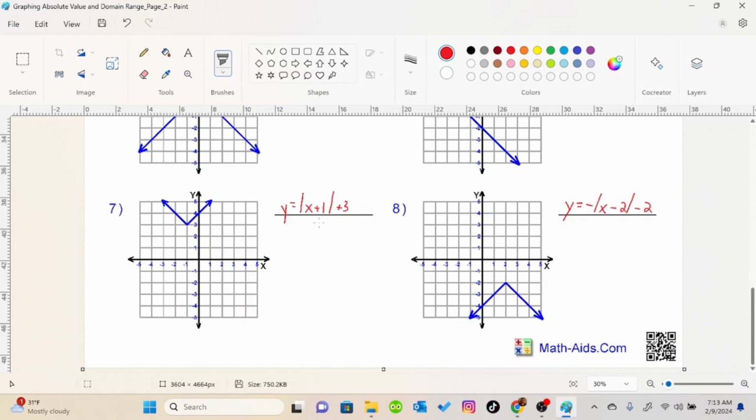So the equation for number 8 is y equals negative the absolute value of x minus 2, minus 2.